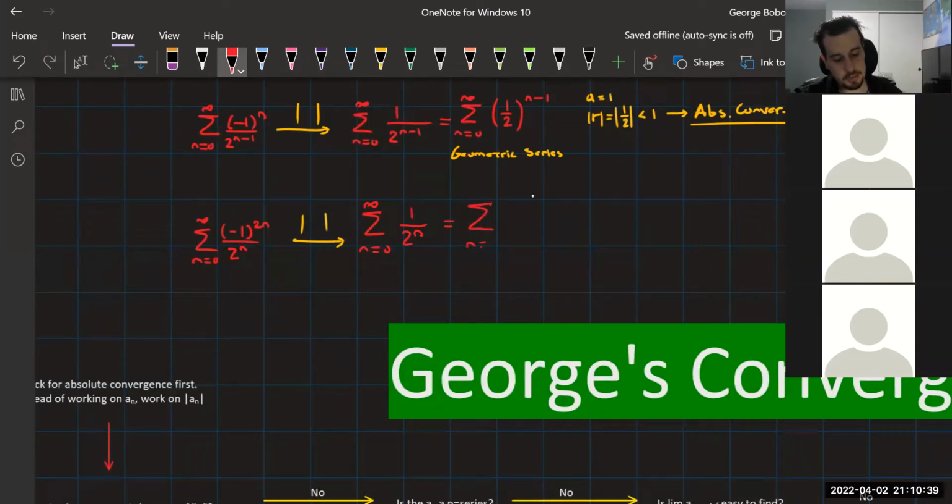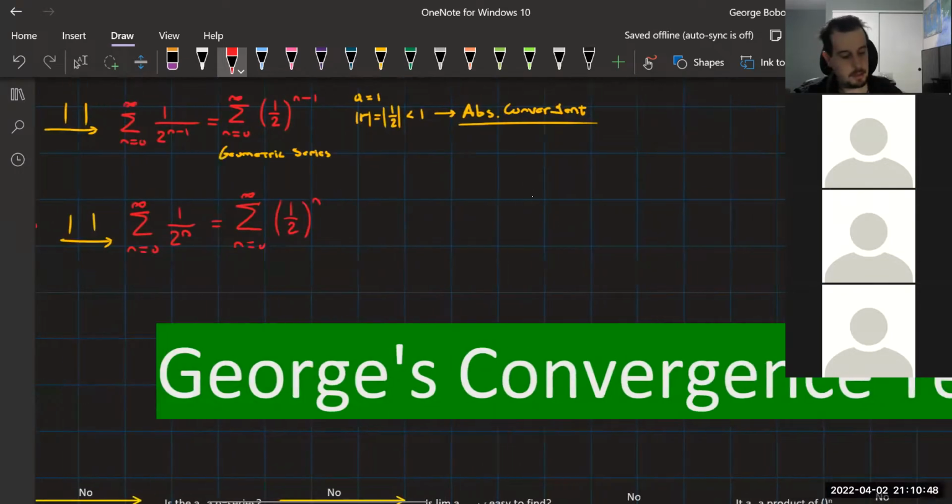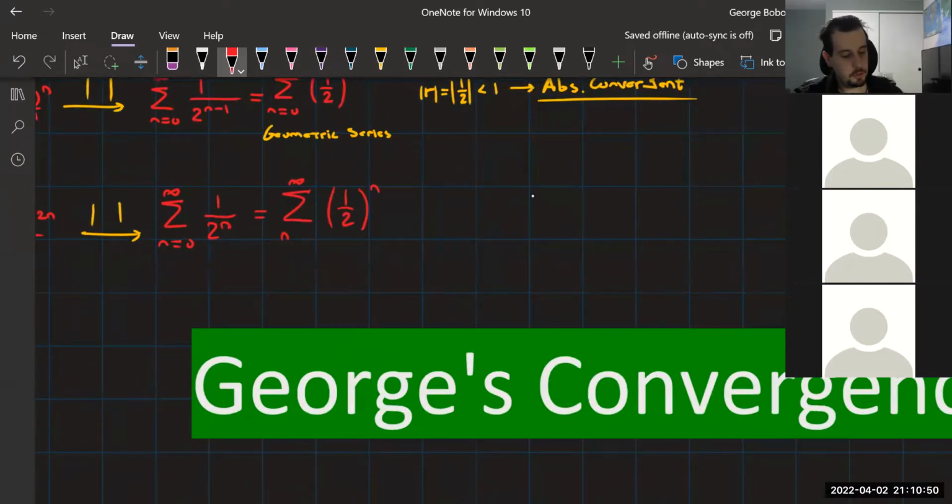It's another geometric series, okay? That I will say here again. This can be written like this. All right, it's another geometric series. And it converges because of the same reasons.